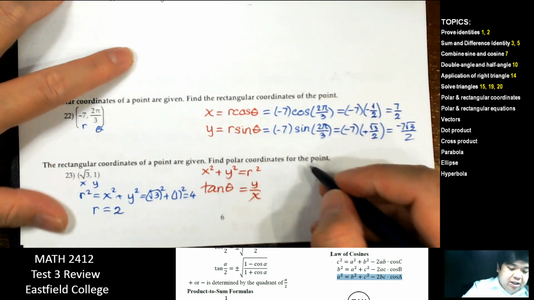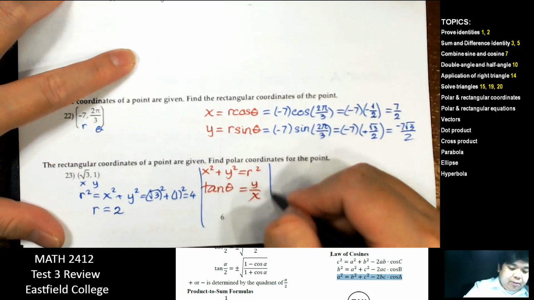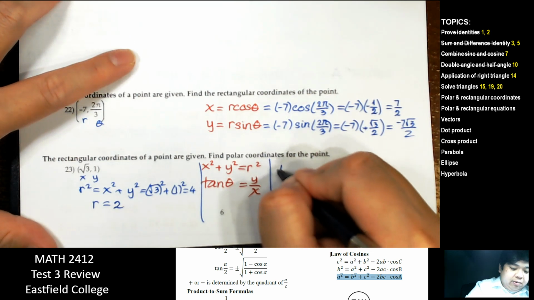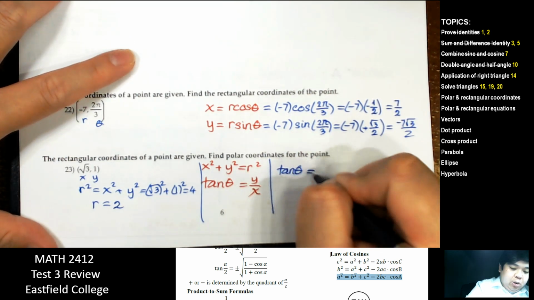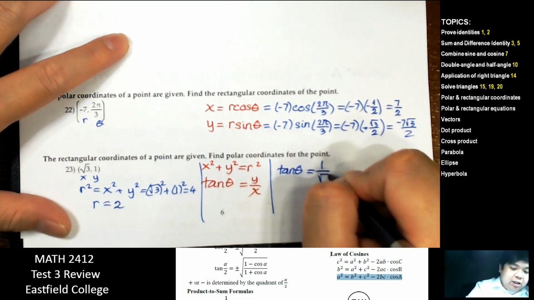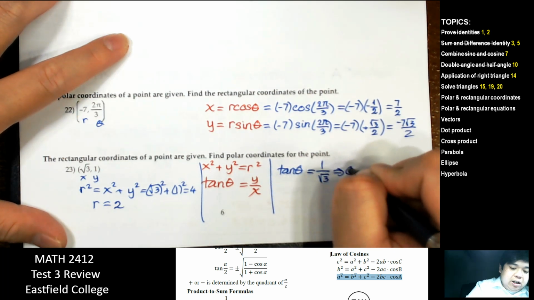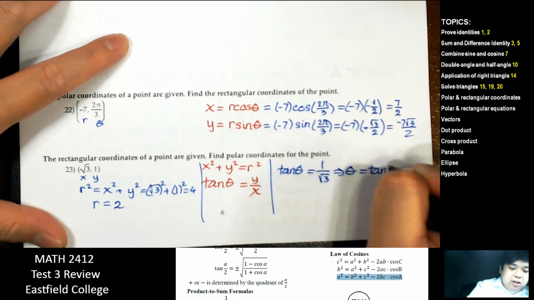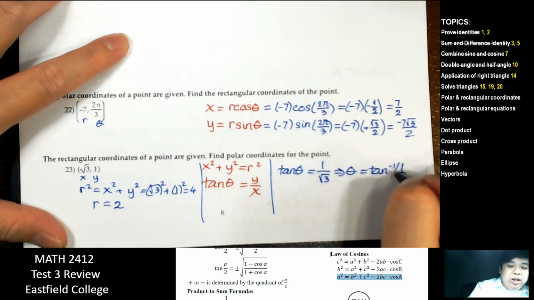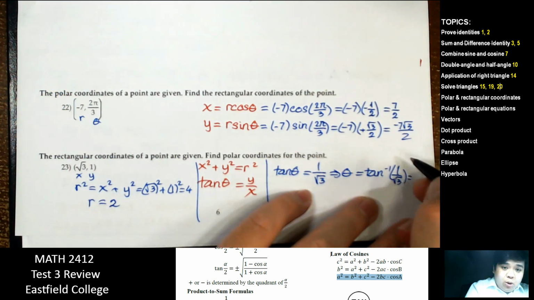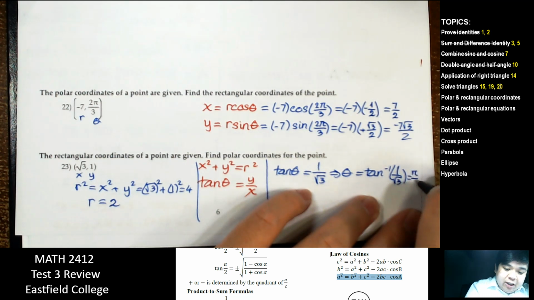Right, next we have tangent of theta is equal to y over x. So theta will be tangent inverse of 1 over square root of 3. That looks like 30 degrees, which would be pi over 6.